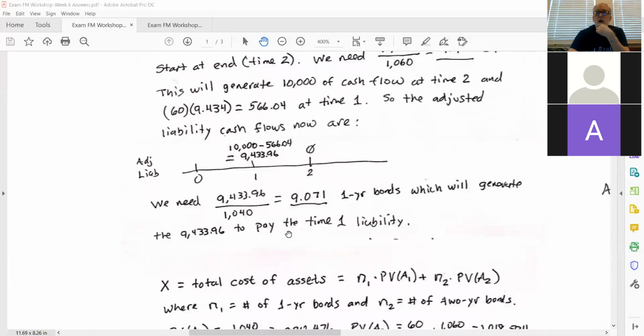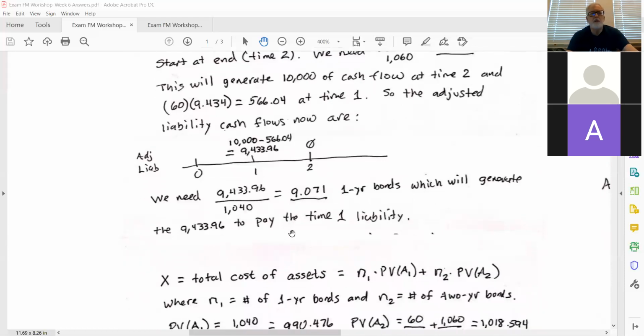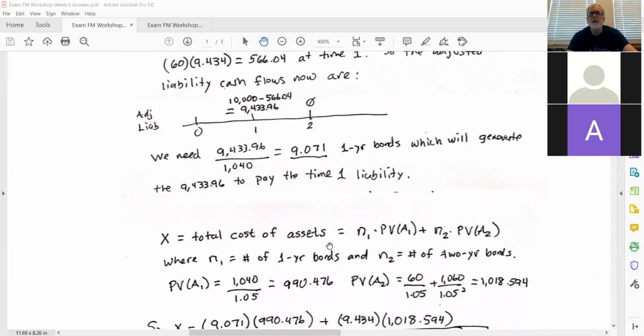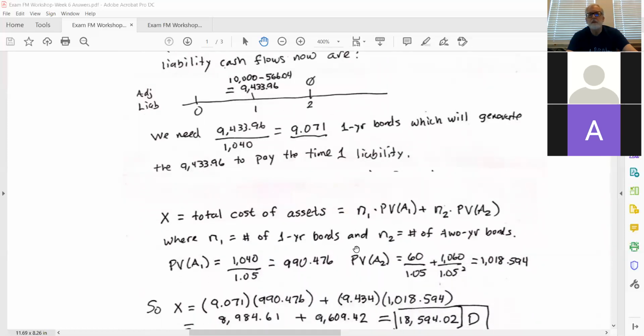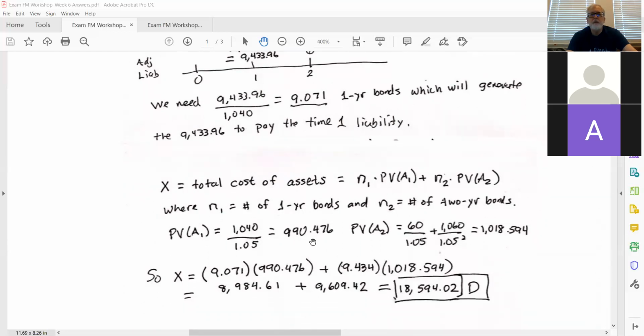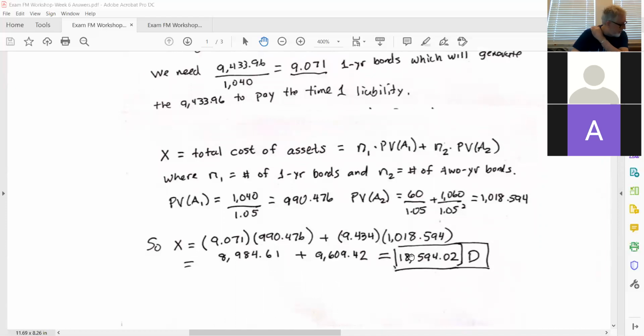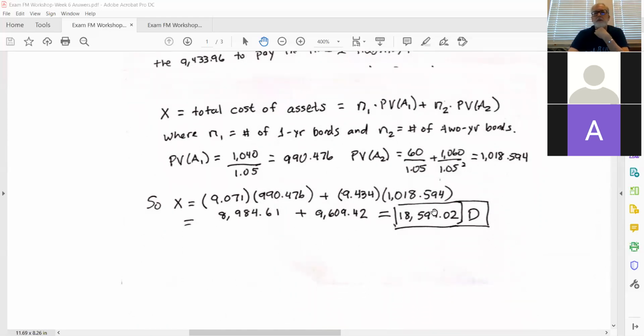And then the total cost of the assets, which is what the question was, is the number of 1-year bonds times the price of the 1-year bond, and the number of 2-year bonds times the price of the 2-year bond. And since we've calculated all of that, you just find the price of each of the bonds and then multiply it out. And I got answer D, 18,594. Now be sure and just pipe up when you have questions on this.